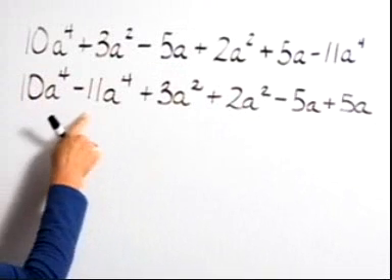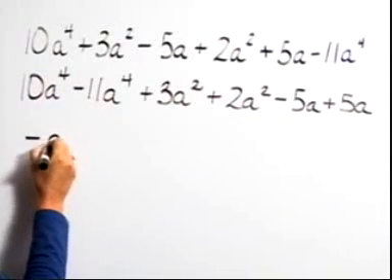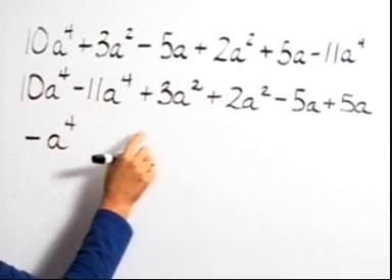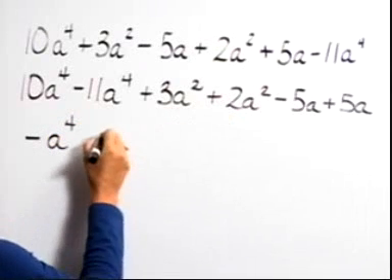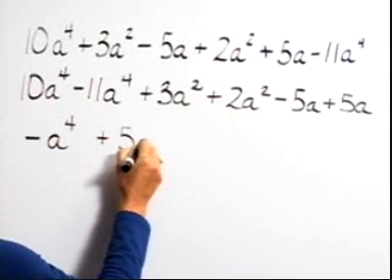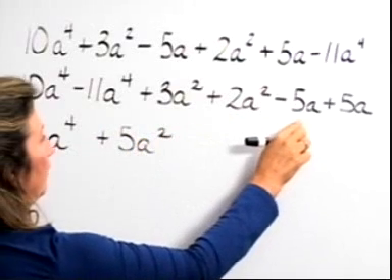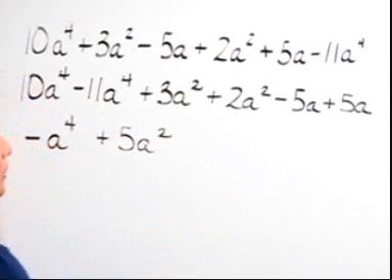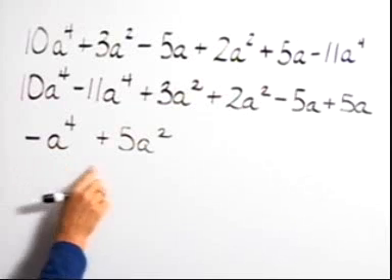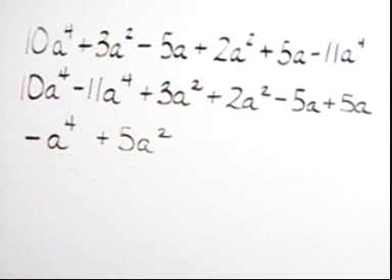Now, 10 minus 11 gives me a negative a to the fourth. 3 plus 2 gives me a plus 5a squared, and the negative 5a plus 5a will give me 0a. So the answer is negative a to the fourth plus 5a squared.